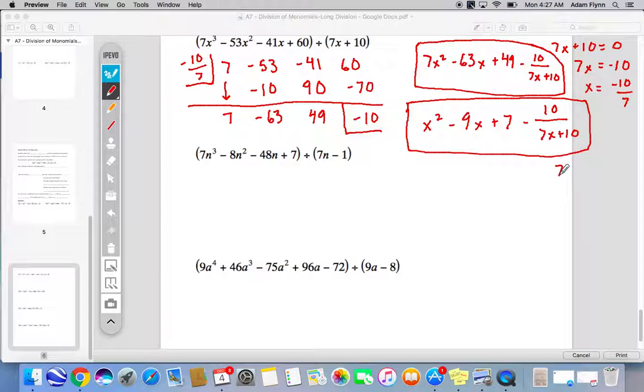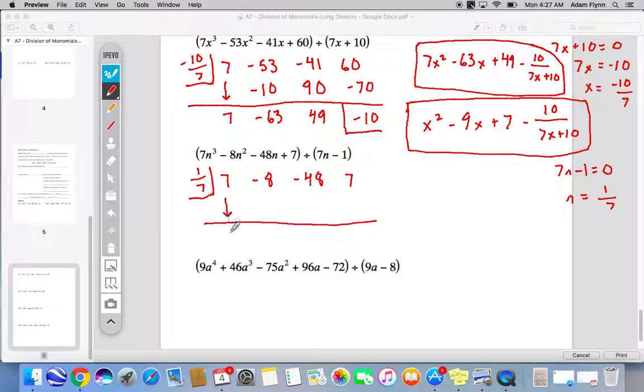So 7n minus 1 is my divisor. I'll set it equal to 0. So I end up getting n equals positive 1 over 7. So that goes in my box. My coefficients are 7, negative 8, negative 48, and 7.